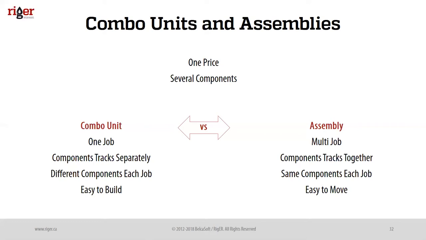Different components each job for the combo unit, and the same components each job for the assembly. And combo units, of course, are easy to build because it's just building all the components together on the fly when you generate delivery ticket. And assembly is easy to move because we just move one rental unit and all the components move faster.